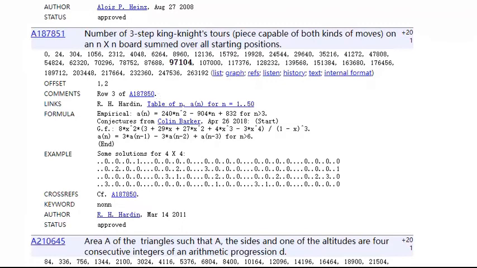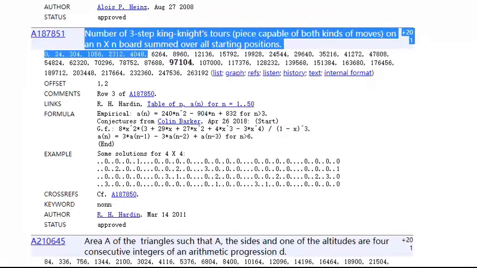Now, what do they mean by king knight's tours? Well, let's just say this chessboard actually has a side. Now the king knight can move. You just make any move you want, but it has to go through all the points of the chessboard.